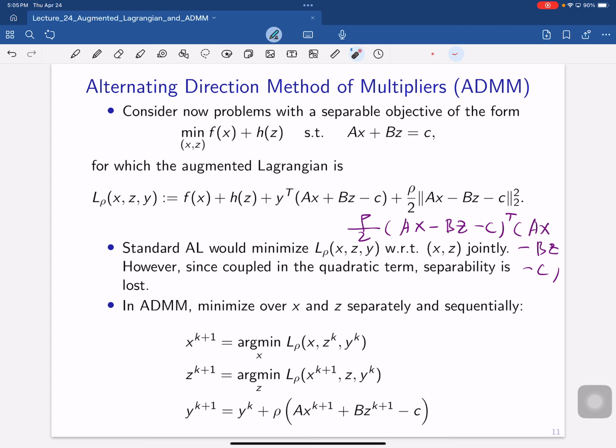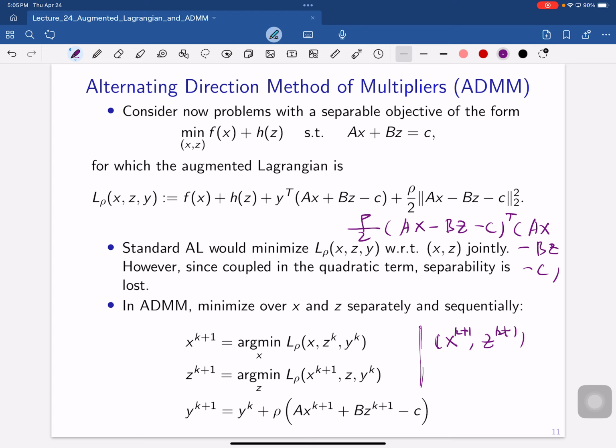In ADMM, what we do is minimize x and z separately and sequentially. So this is an iteration of the ADMM method, right? Remember, in augmented Lagrangian, first we minimize x and z jointly, right?